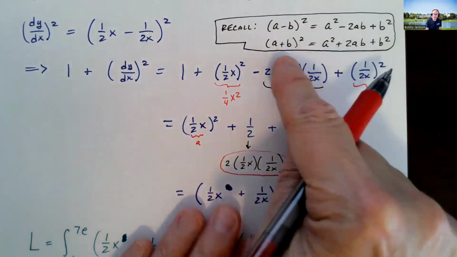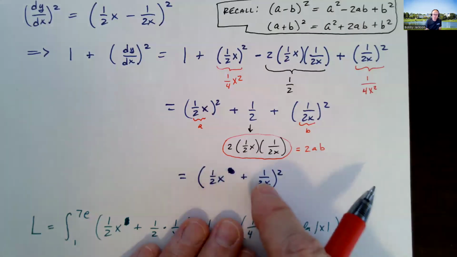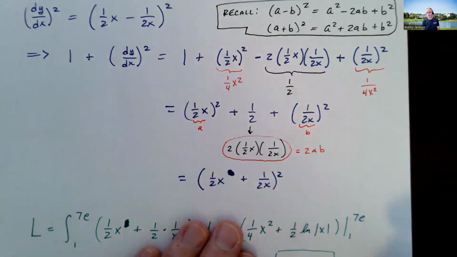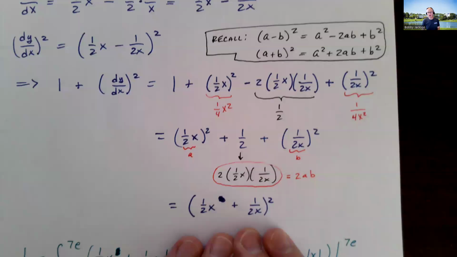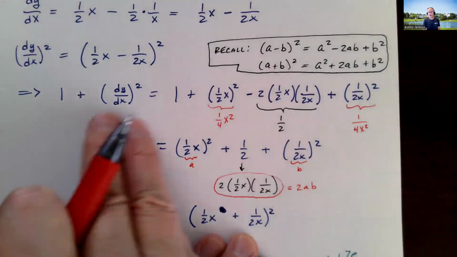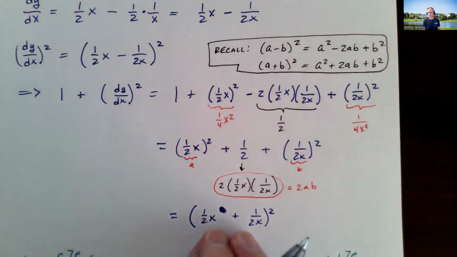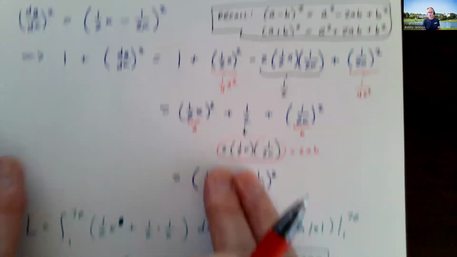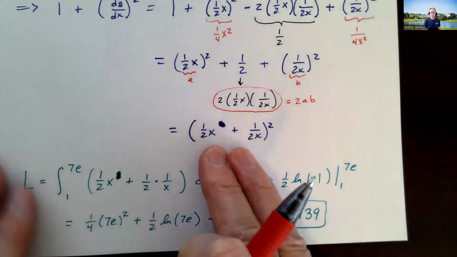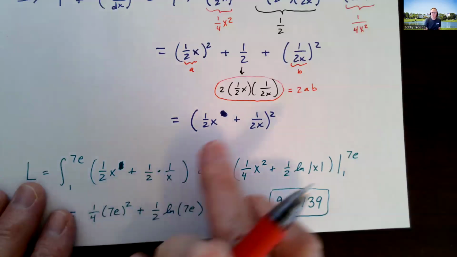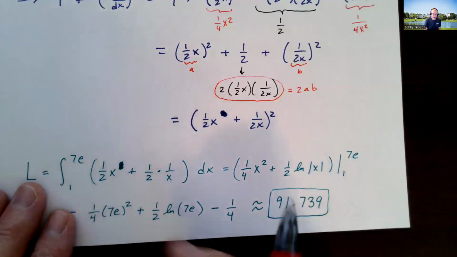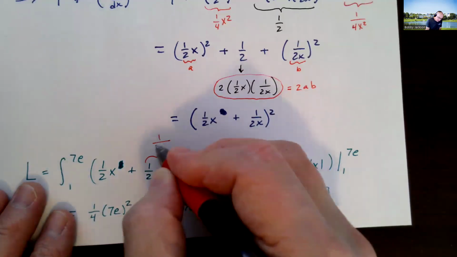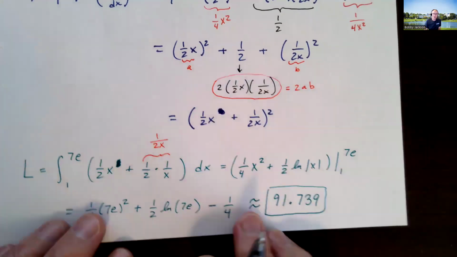So that factors back as a plus b quantity squared. Okay, and so that's how we're able to do this. Now, this is 1 plus the derivative squared. It's this quantity squared, and then I take the square root. So what happens is I just get 1/2 x plus 1 over 2x. And I just rewrote 1 divided by 2x this way in anticipation of integrating.